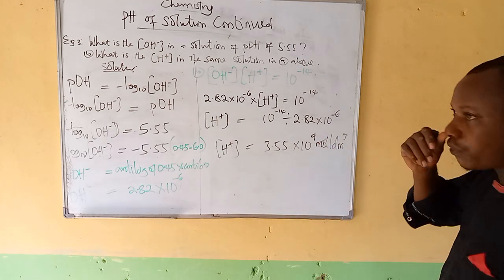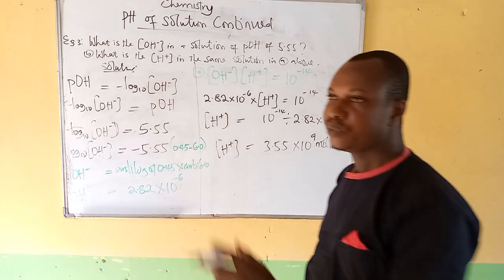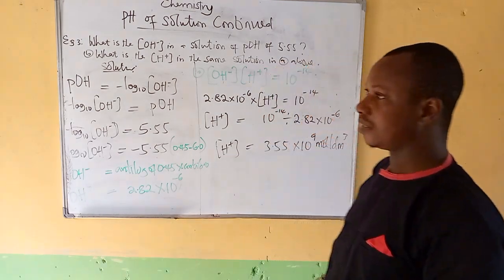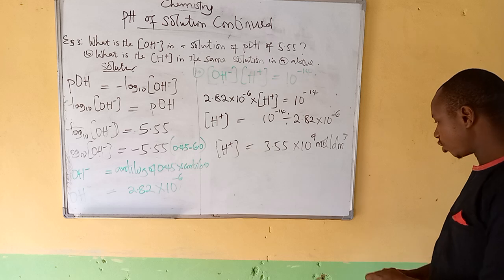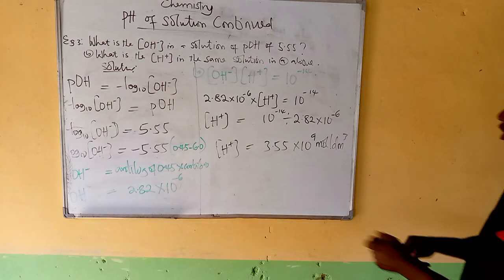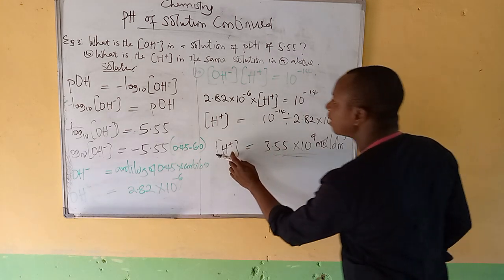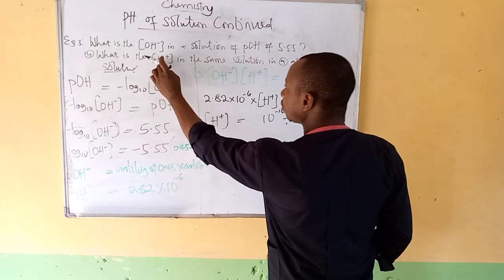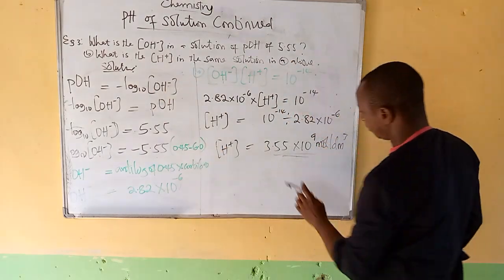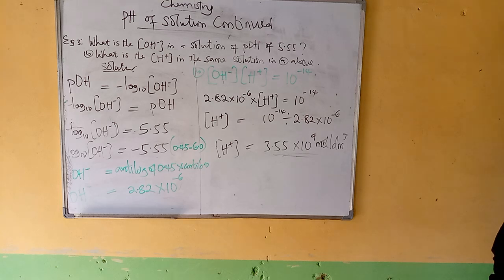Please, the concentration of all these things, whether hydrogen or hydroxide, is mole per dm cube because we are talking about concentration. That is the B part of the question. Concentration of hydrogen ion is this. Check it very well. That is why we exhausted all the formulas that you need here. So check again.